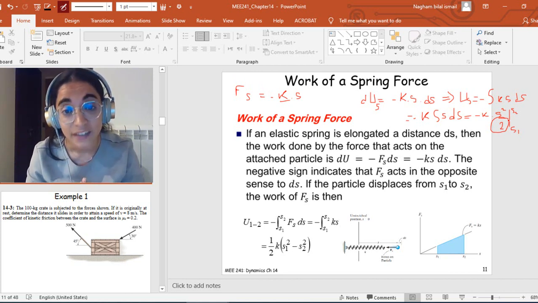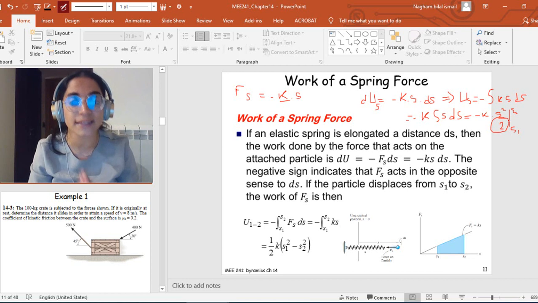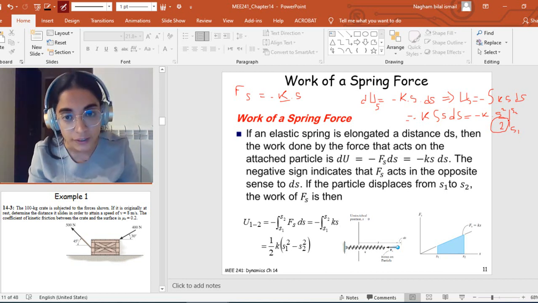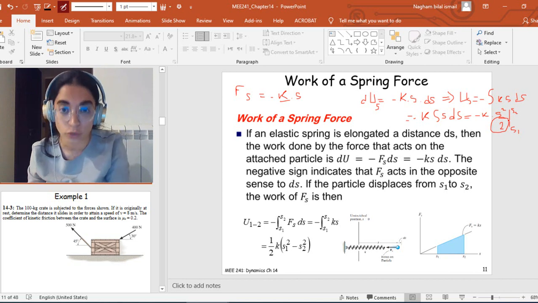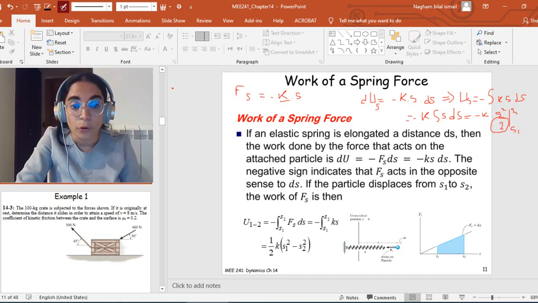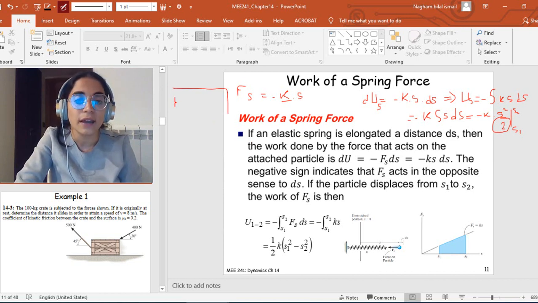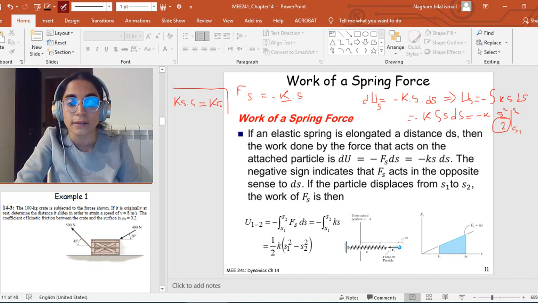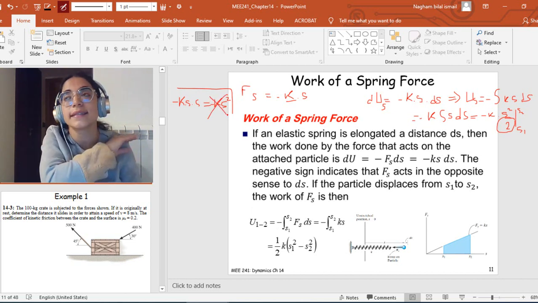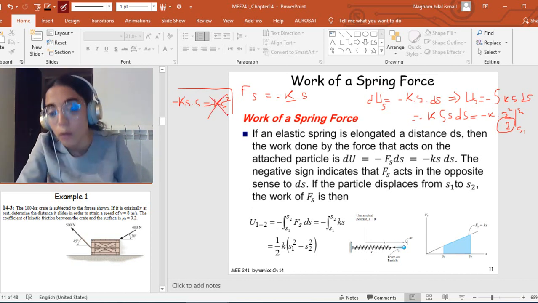In fact, this force depends on s, so I should do the integration to find the work of this force. If you do the product directly, you're going to have ks times s, which is ks squared. Of course, I forgot the minus sign, and this is totally wrong. This is not correct at all.